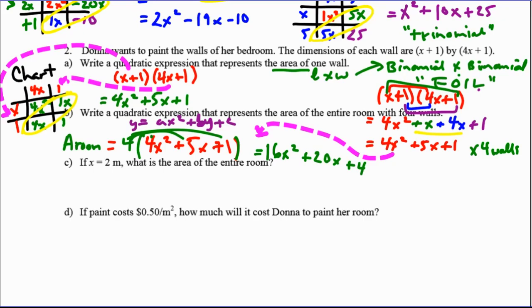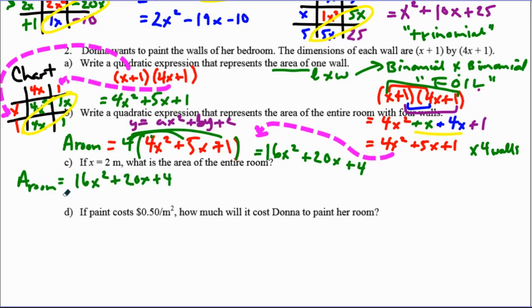So now they're saying, well, what if we actually know one of the dimensions, that every x represents 2 meters. So if we know that, then we can say A of the room, the area of the room is 16x squared plus 20x plus 4.